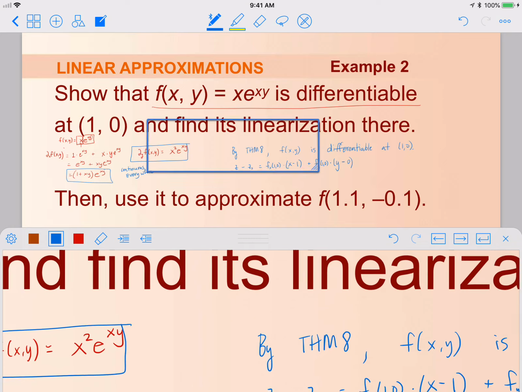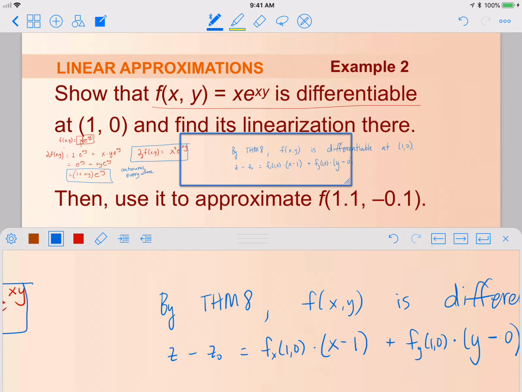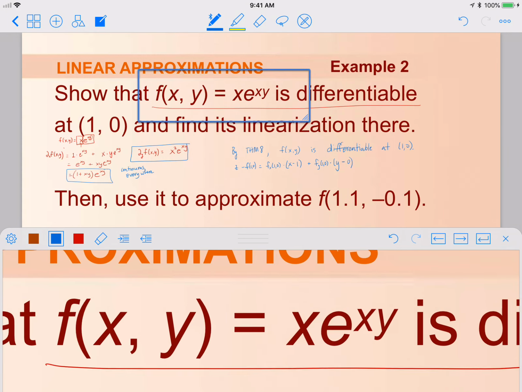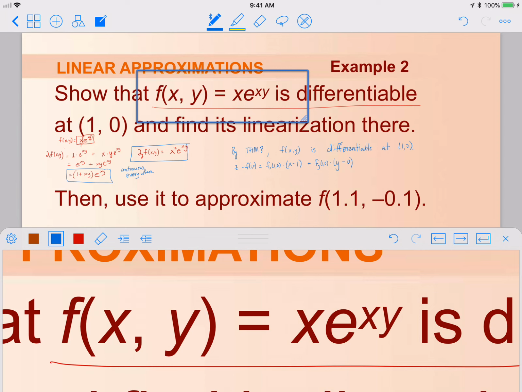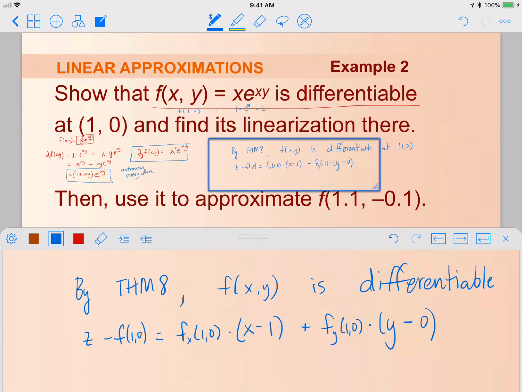That's going to be f of 1 comma 0. So x is 1, y is 0, so that's just going to be 1 times e to the 0. So that'll just be 1.